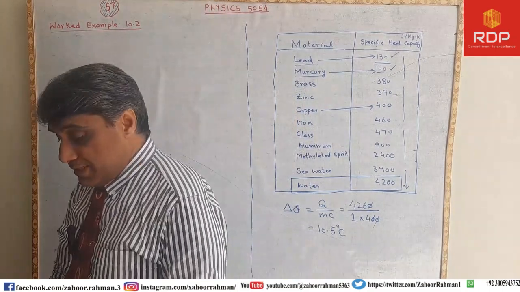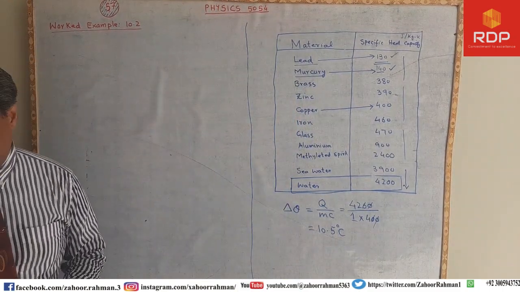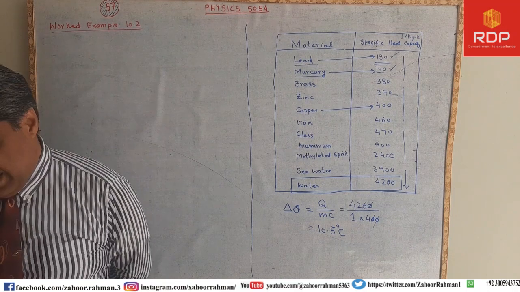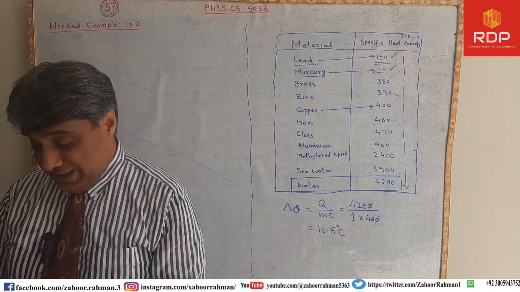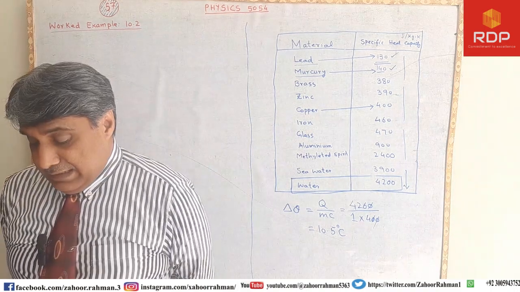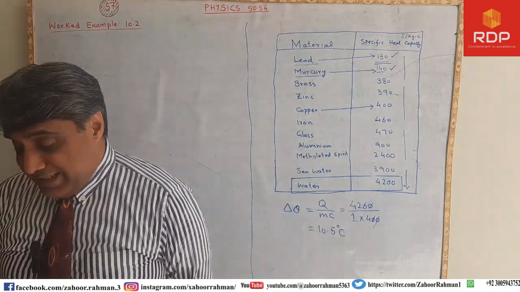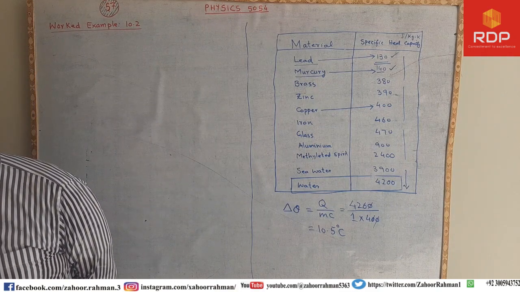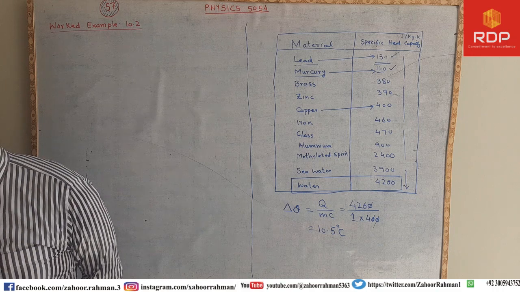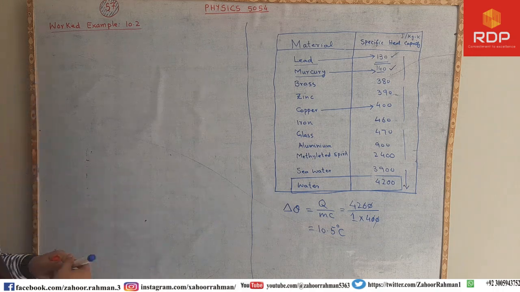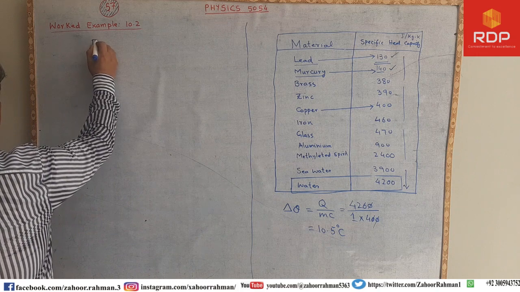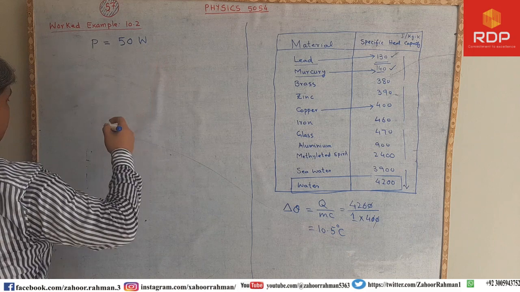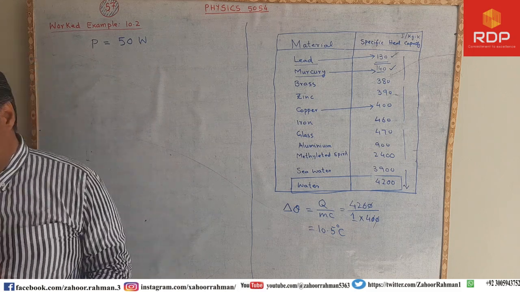Okay, let us start worked example 10.2, and it is on page number 146. It is saying that an electric heater coil supplies 50 watt of power. So P is equal to 50 watt. This is the given data.